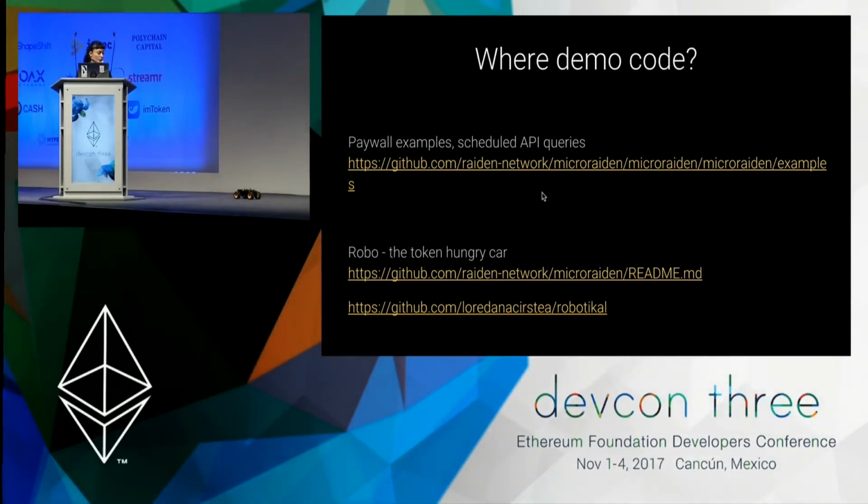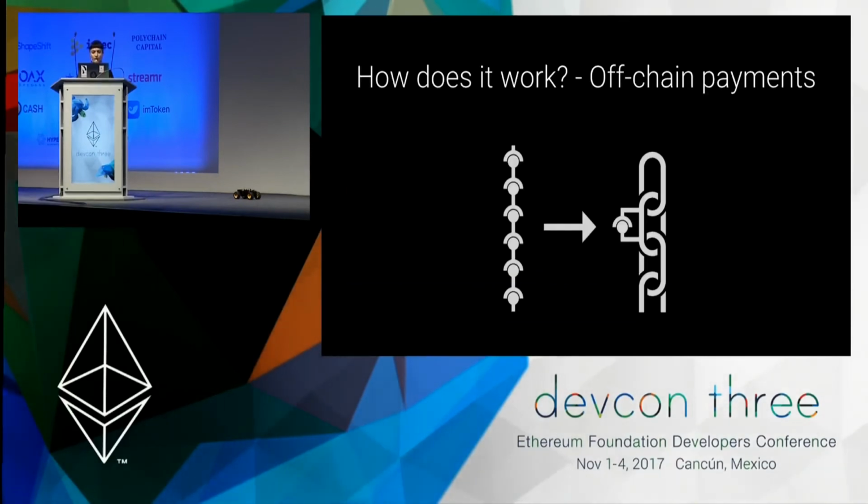And for the robot, the token-hungry car, we will link it in the README, but for now, the JSON for setting up the Node-RED dashboard is in one of my personal repositories. So to recap a bit, you can open a channel on-chain, you can deposit tokens on-chain, you can close a channel on-chain, but the essence of MicroRaiden are the micropayments that are done off-chain, fast, and free, between opening and closing a channel.